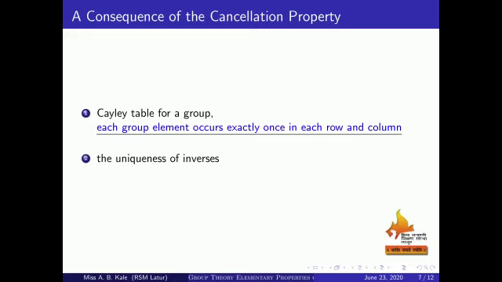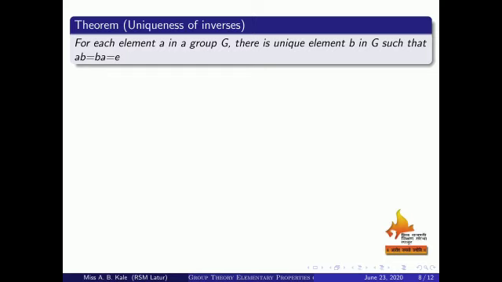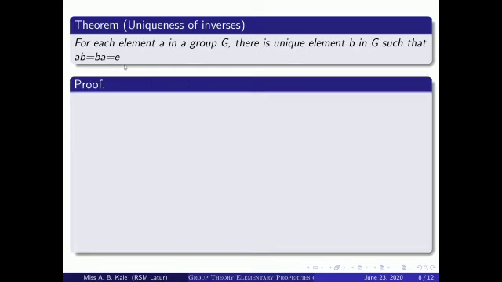Now let us see the theorem on uniqueness of inverses. It says that for each element A in group G, there is a unique element B in G such that AB is equal to BA is identity. Proof.